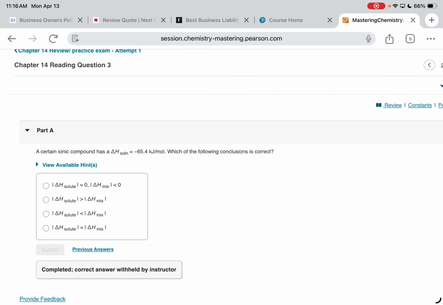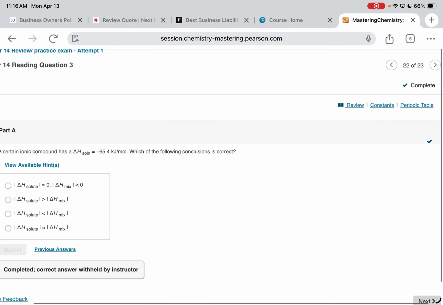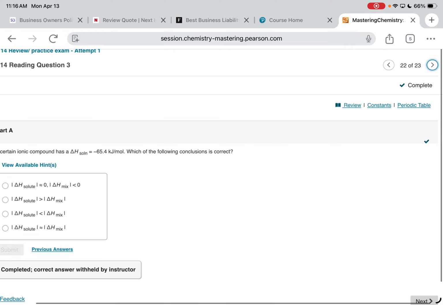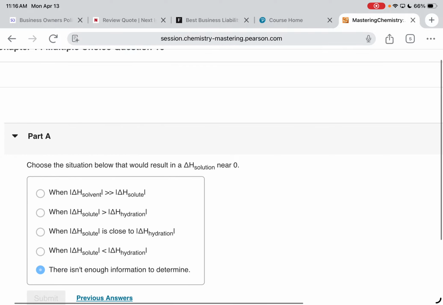Okay, this one was reading question 3. And the other one that is very similar to this is this one. The reason why this one is messed up is because they use this hydration thing that we haven't talked about. It's the same thing where you're going to assume that solute means solute and solvent.